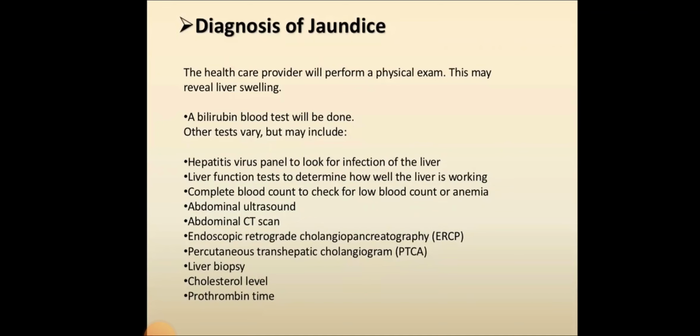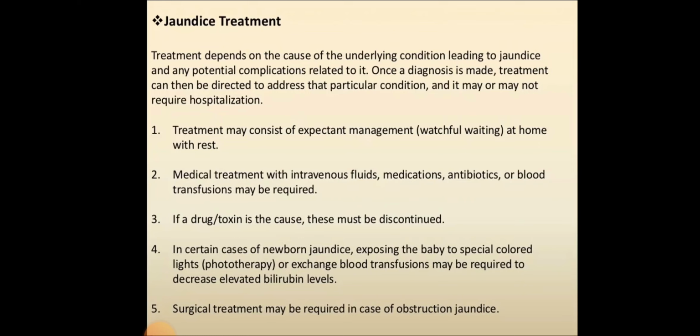In certain cases, in case of newborn jaundice, exposing the baby to special colored lights, that is phototherapy, or exchange blood transfusions may be required. And surgical treatments if required in obstructive jaundice. The main treatment is rest and proper diet regimens. So this is about jaundice.